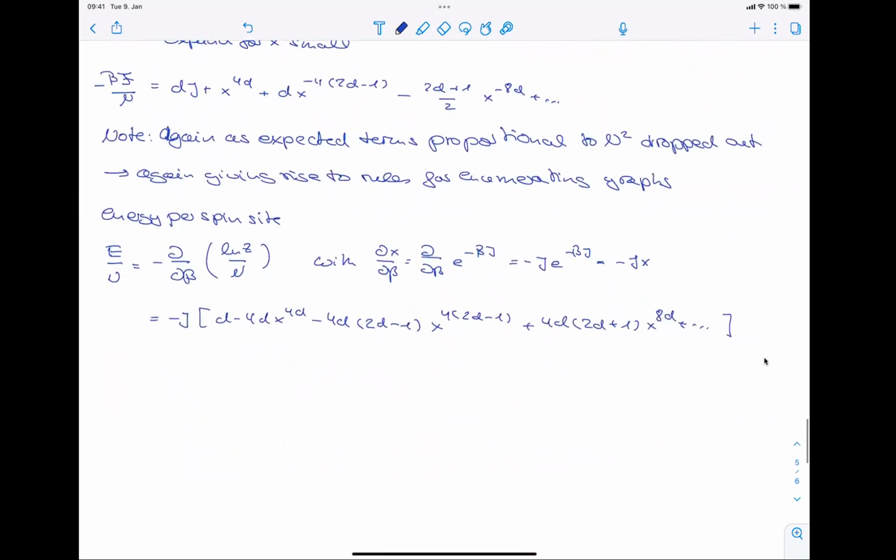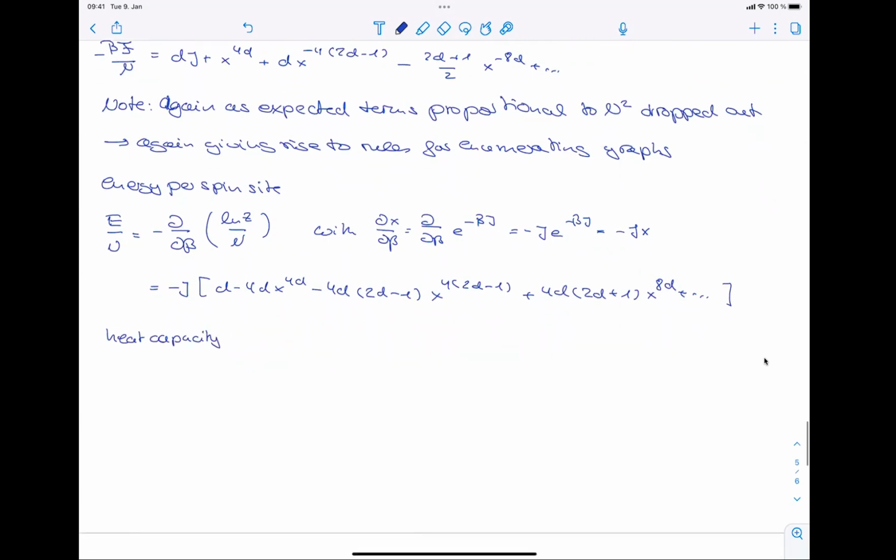And we can also calculate the heat capacity, for example C over N k_B, which is defined by the temperature derivative of the energy per site. So we can now really start learning about potential critical behavior.